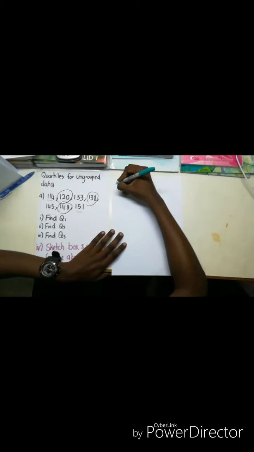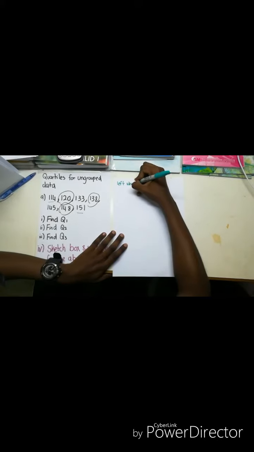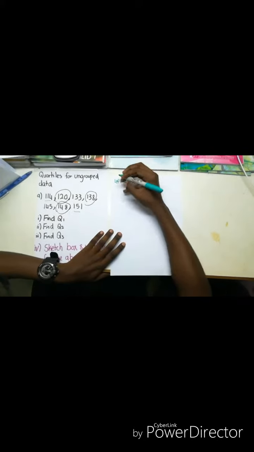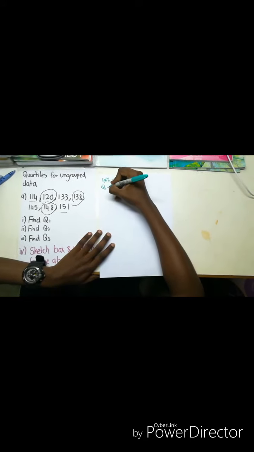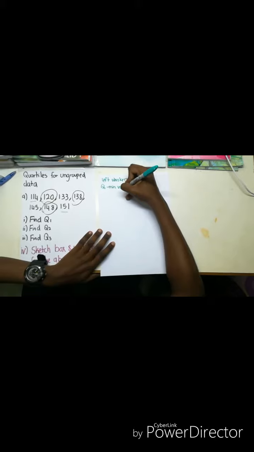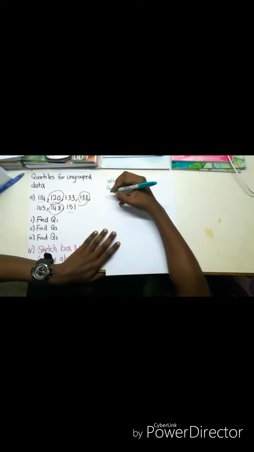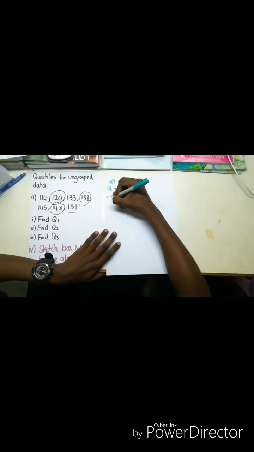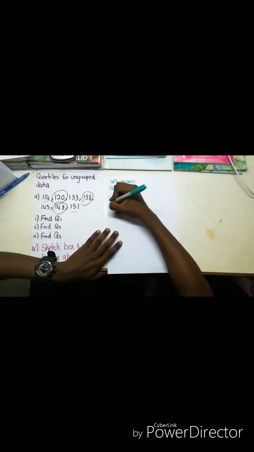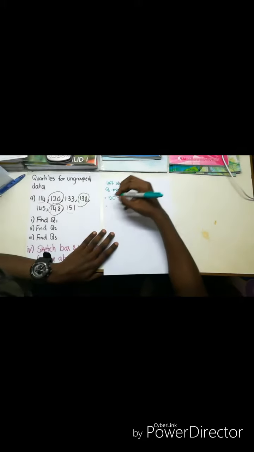So for the left whiskers, Q1 minus minimum value. So we know the Q1 is 120. We minus with the minimum value, which is 114. We get 6.